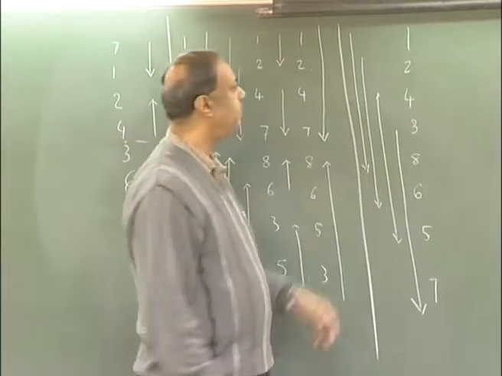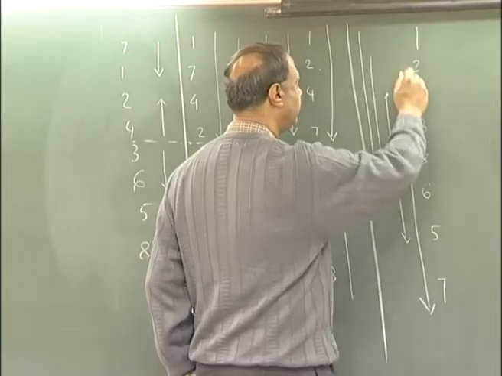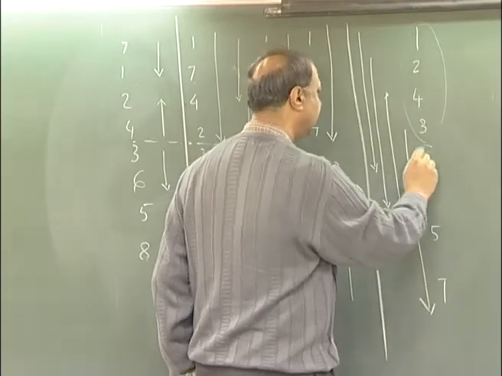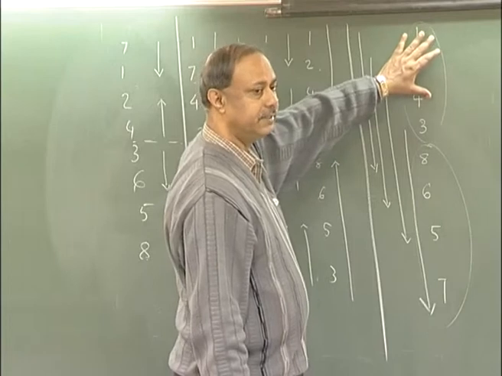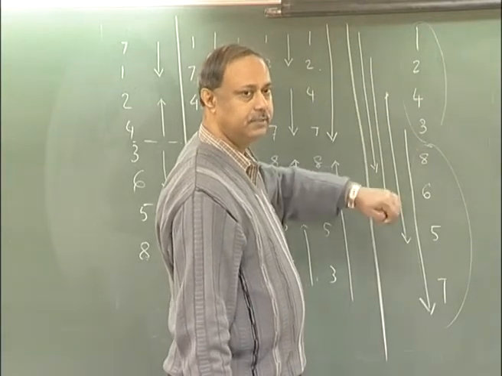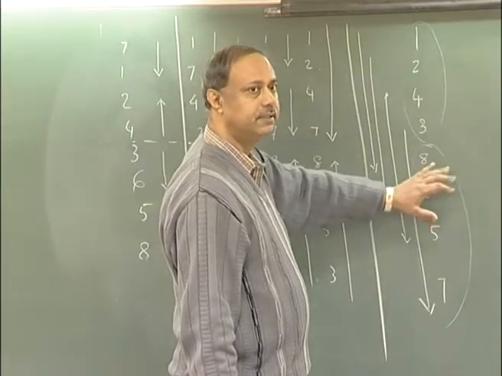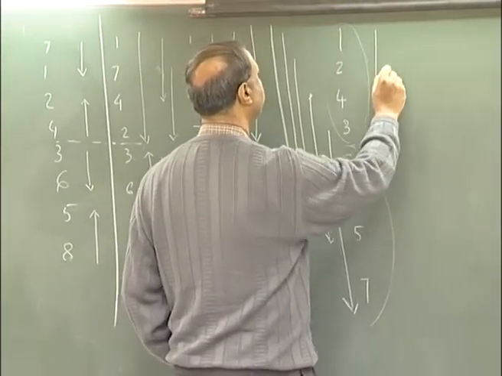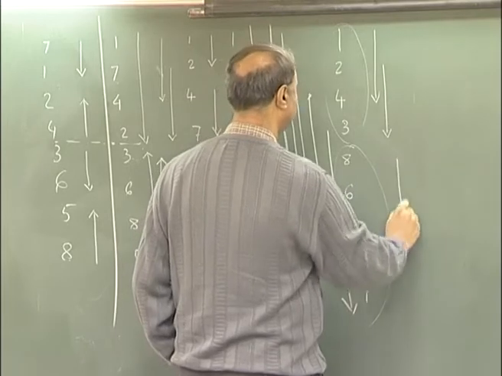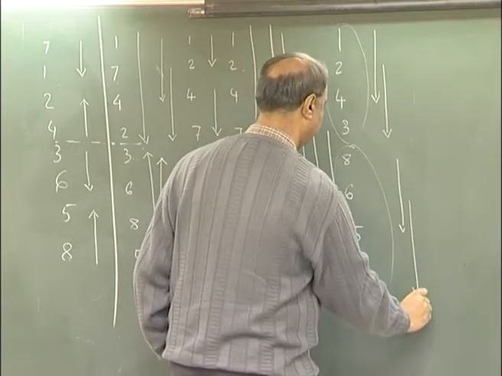Now the problem is that this is a bitonic sequence and this is another bitonic sequence, and all these elements are larger than these elements, right? Because D[i] is smaller than E[i]. So you now compare this with this, this with this, this with this, and this with this.